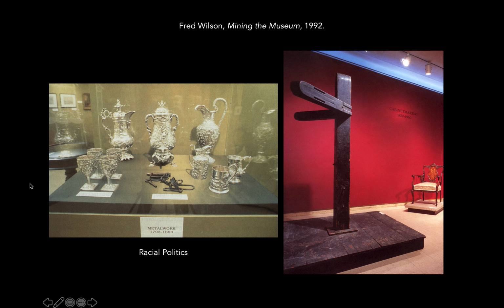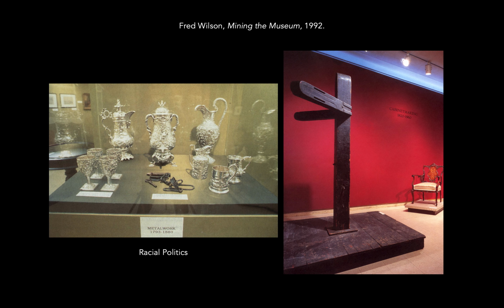And he did it in a whole bunch of different ways. He really curated the whole collection. But here's another famous image of this, where you have this beautiful silverware, metalwork from 1793 to 1880. So during the making of this metalwork, you had the Civil War, right? And then among this beautiful silverware, he's put slave shackles into the vitrine, right?